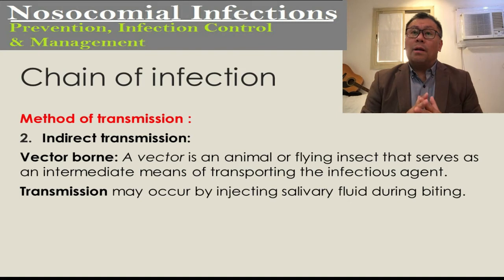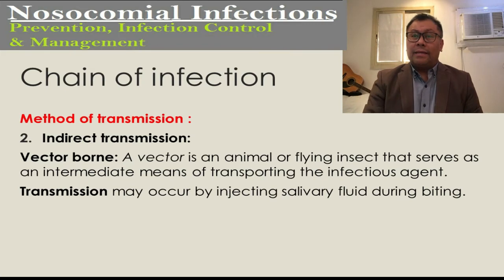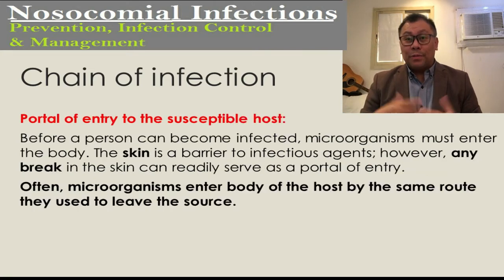What is vector-borne? This is an animal or flying insect that serves as an intermediate means of transporting the infectious agent. The transmission may occur by injecting salivary fluid during biting. So the mosquito, when it bites your skin, is going to inject and then spread. Next, the portal of entry to the susceptible host.